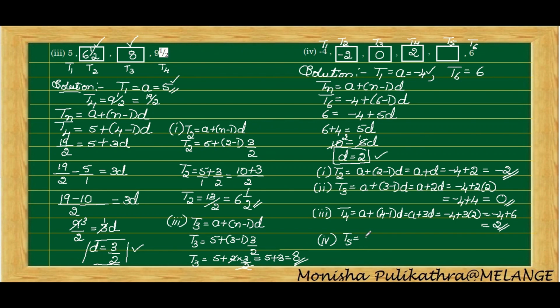T5 is equal to A plus 5 minus 1 into D, that is A plus 4D. So A is minus 4 plus 4 into the common difference D, which is 2. Therefore, we get minus 4 plus 8. So 8 minus 4 is 4. So this is the value for T5. So we got T2, T3, T4 and T5. We got all the 4 terms. Hope you understood this problem.